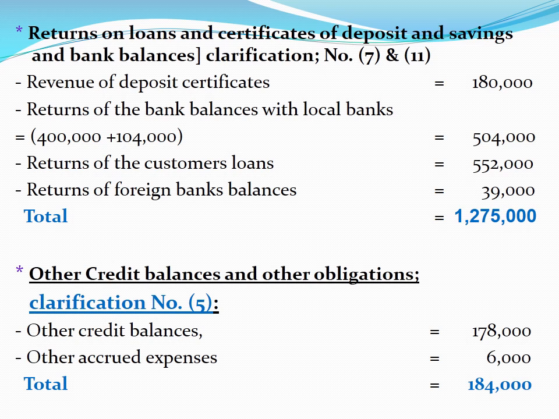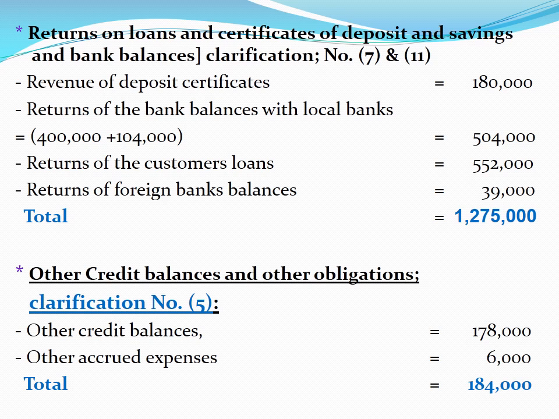Revenues owed to the bank 104. So we have to add it to the revenues of 400. So the total is 504,000. Returns of the customer loans equal 552,000. Return of foreign bank balances 39,000. All are from the trial balance. The total is 1,275,000.